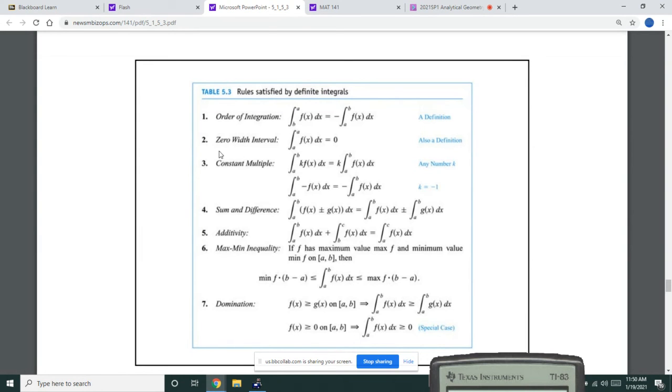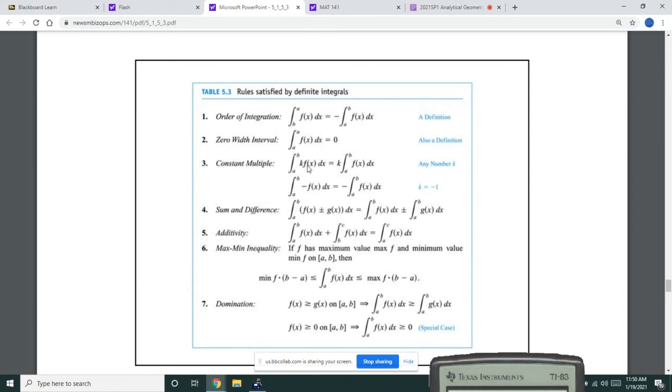So if your width is 0, notice that if my upper limit and my lower limit are exactly the same, I have no width for my rectangle, then that's a zero width interval, and the value of that integral is 0.